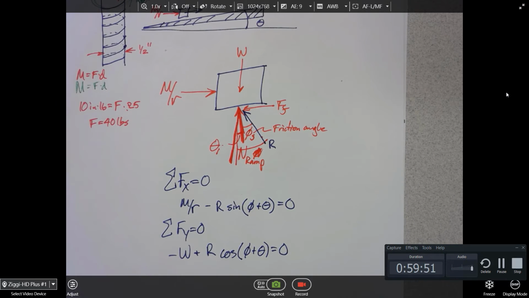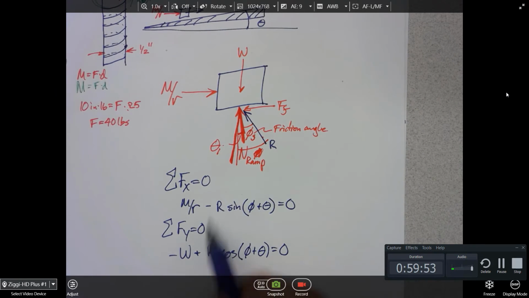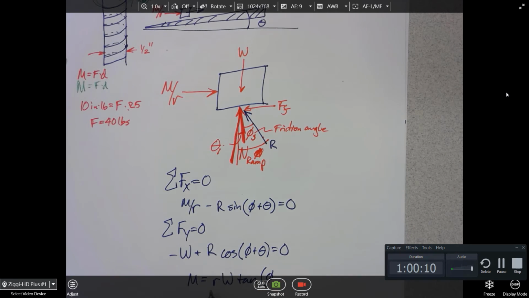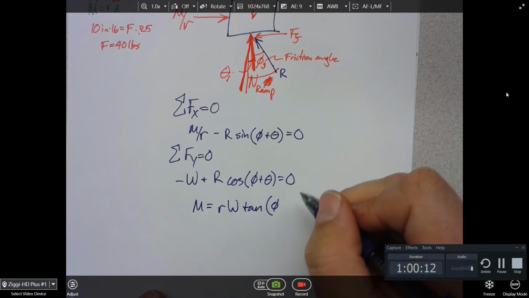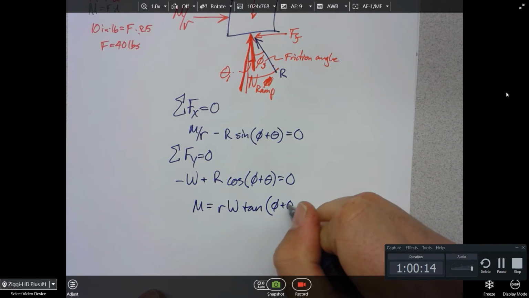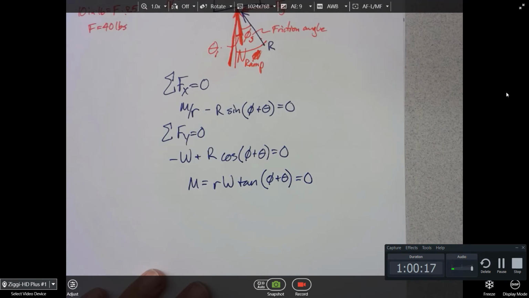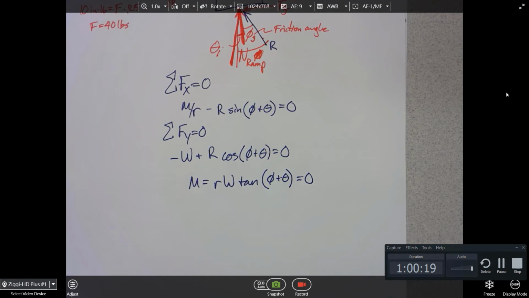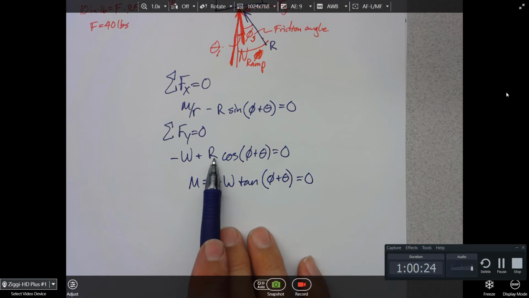If I solve these two equations simultaneously, for the moment I come up with this one. Little r, because the big R's cancel. When I turn it into tangent, the big R's cancel.